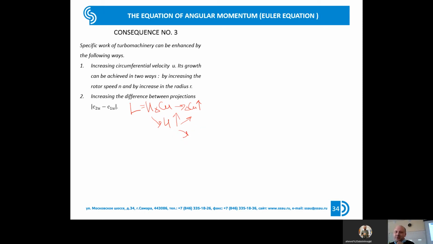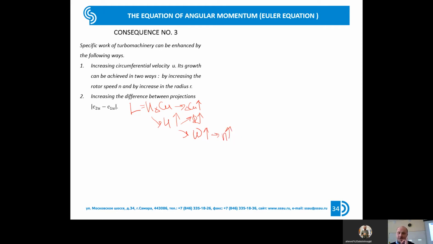Today we discussed that U is angular velocity omega multiplied by radius. You could increase the radius, and you could increase omega, and it depends on the rotational speed. Finally, you increase the rotational speed.